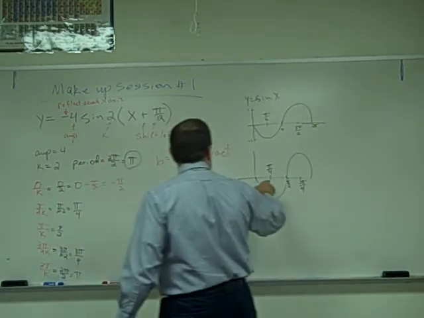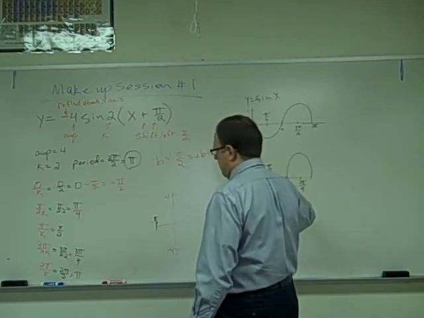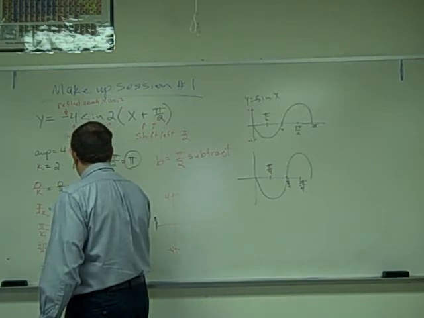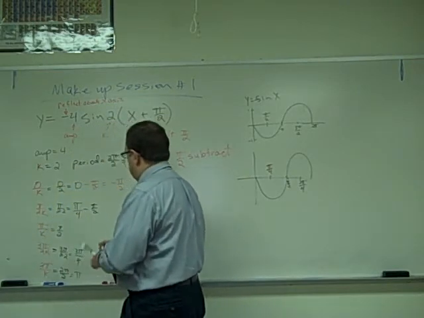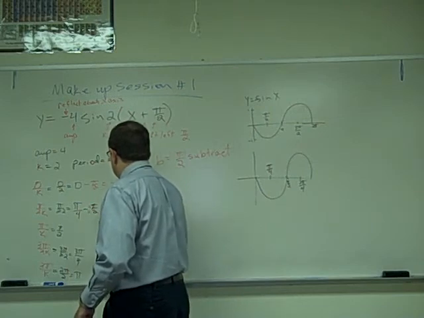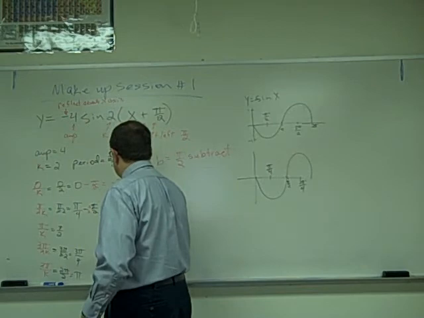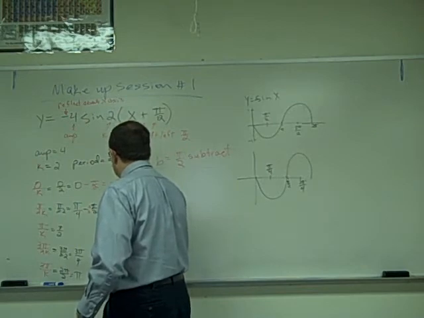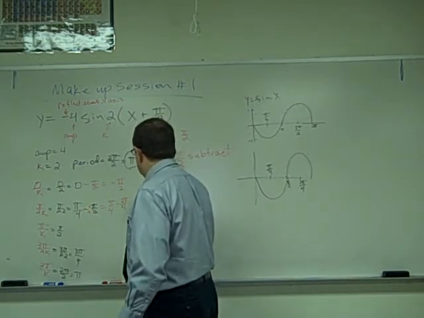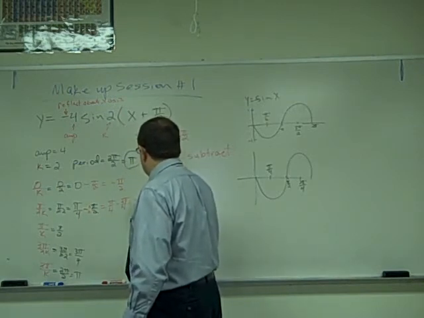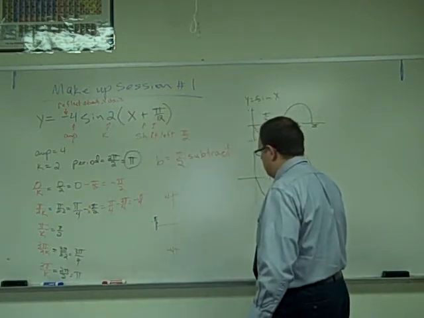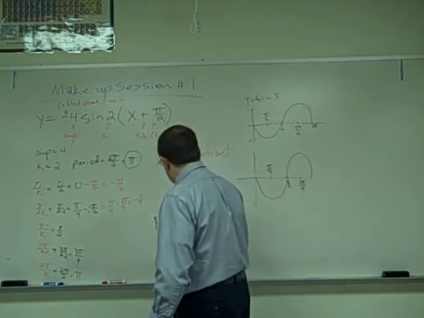Now the next one, instead of being at pi over 4, we're going to subtract pi over 2, and so we need a common denominator, right? Pi over 4, so we've got to apply 2 over 2 here. So this will be pi over 4 minus 2 pi over 4, and so now we get negative pi over 4. So now we're peaking out here in the negative direction at negative pi over 4.